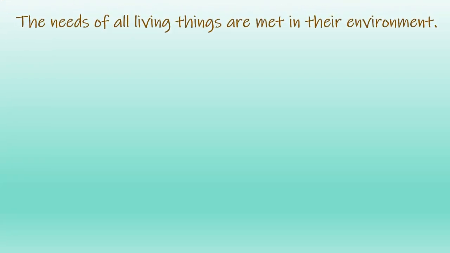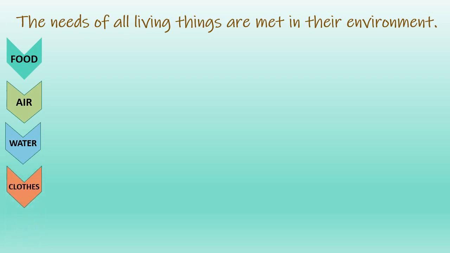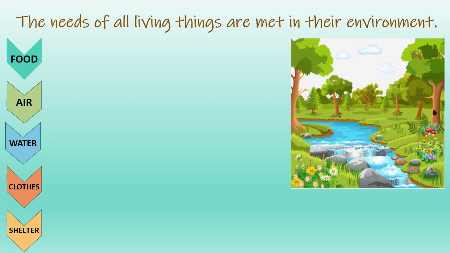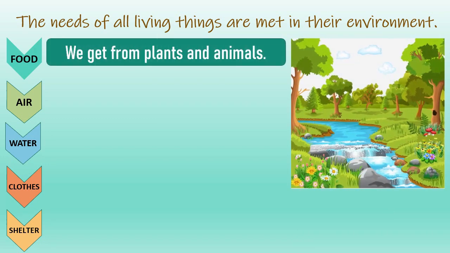Let us move further. Needs of all living things are met in the environment. Let us see how. Food, air, water, clothes, shelter. We get food from plants and animals.